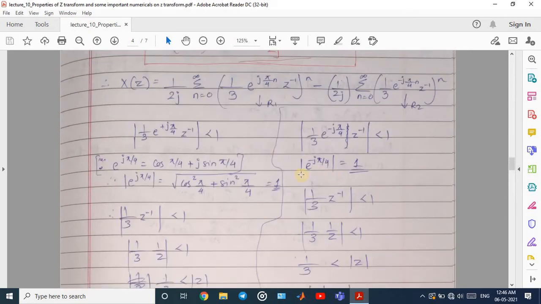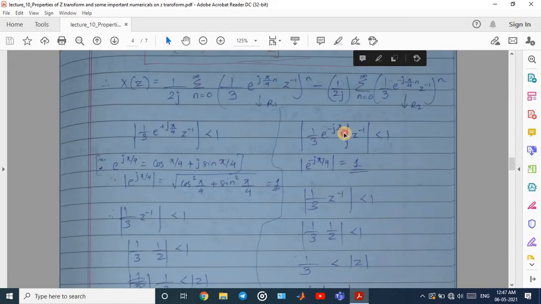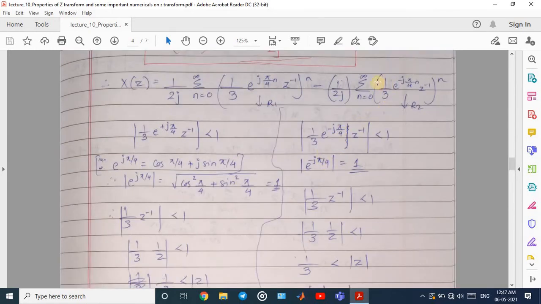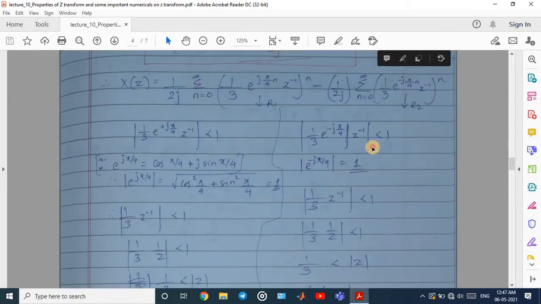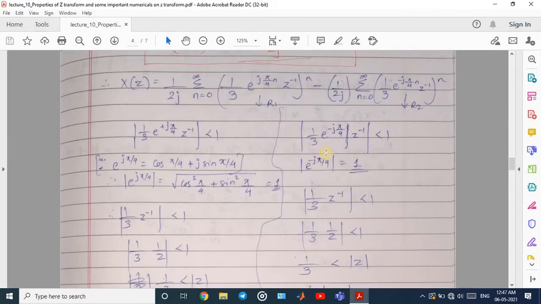To solve the second ROC, we need to write this equation, mod of this equation less than 1. Again we have to find out this term. This term is similar to this one, it has value 1. No need to solve.